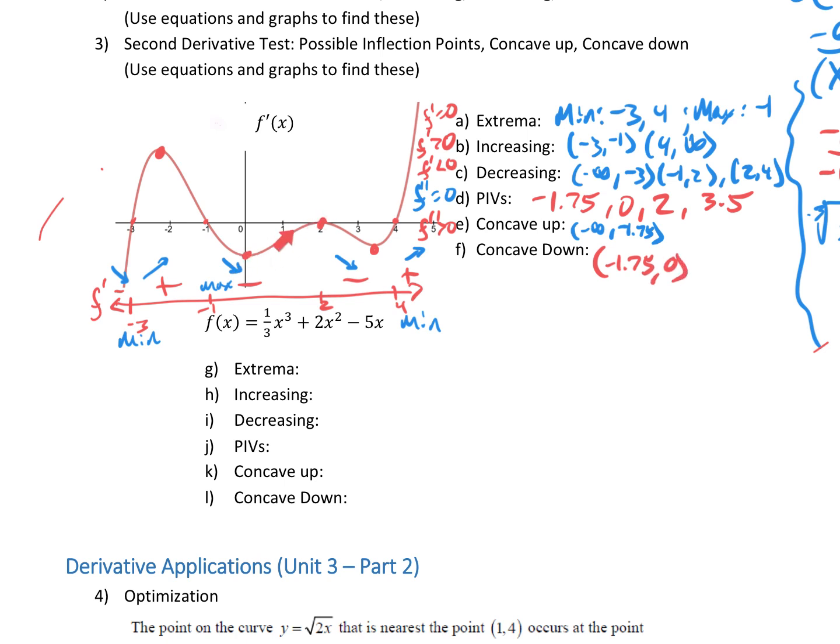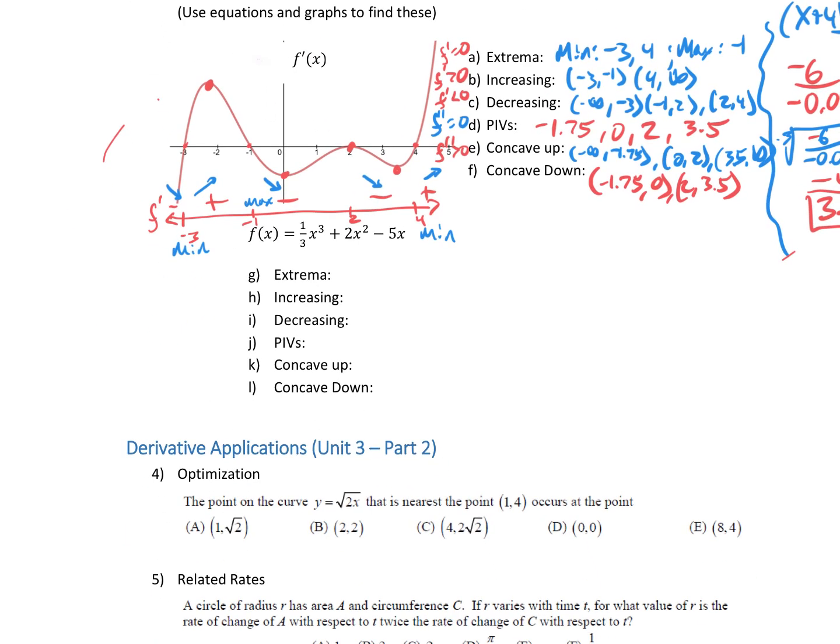Then we have a positive slope. Positive slope means the second derivative is positive here. So this is 0 to 2. And then negative slope from 2 to 3.5 there. So we got 2 to 3.5. And lastly, from 3.5 to infinity. All right.